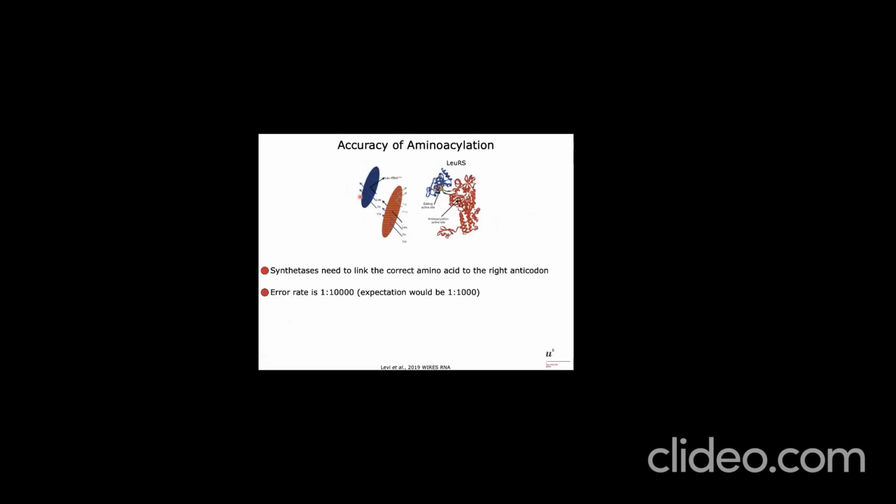So when you calculate the error rate of what you would expect in terms of thermodynamics, people end up with an error every 1,000 tRNAs or amino acids charged on a tRNA. However, the error rate is much lower. It's actually by a factor of 10 lower. So 1 mistake in 10,000 charging reactions. And the question is, how does this work?